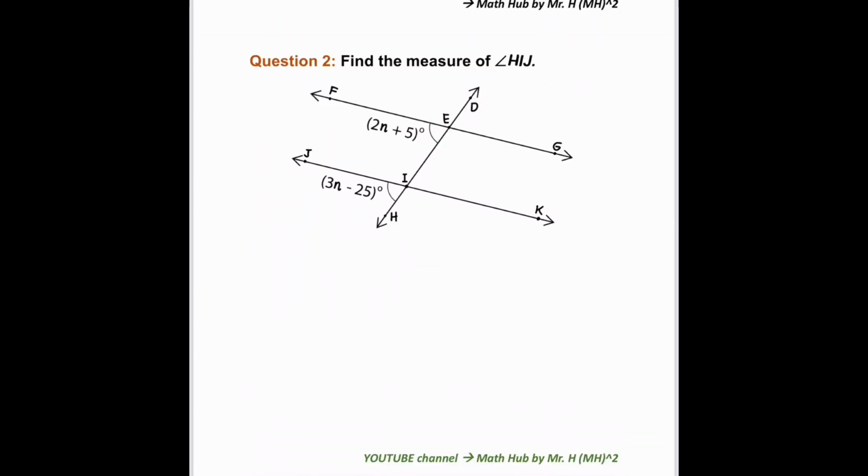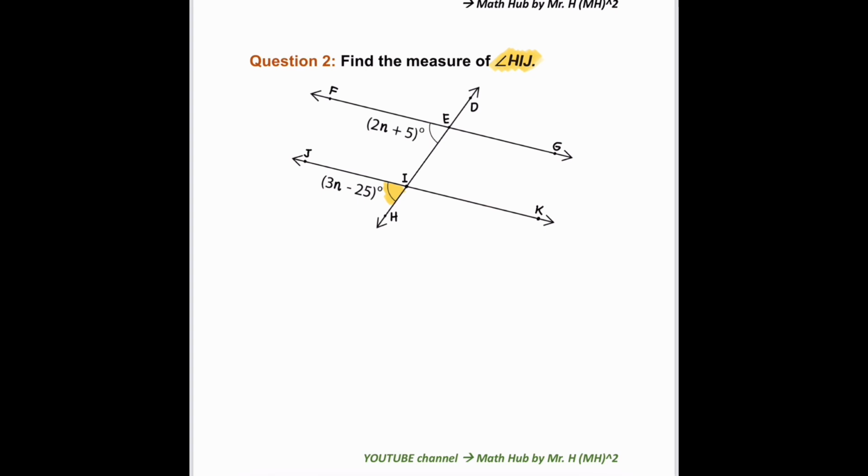Find the measure of angle HIJ. So we were given the figure, and let's highlight first the angle in question, which is represented by the expression 3n minus 25.